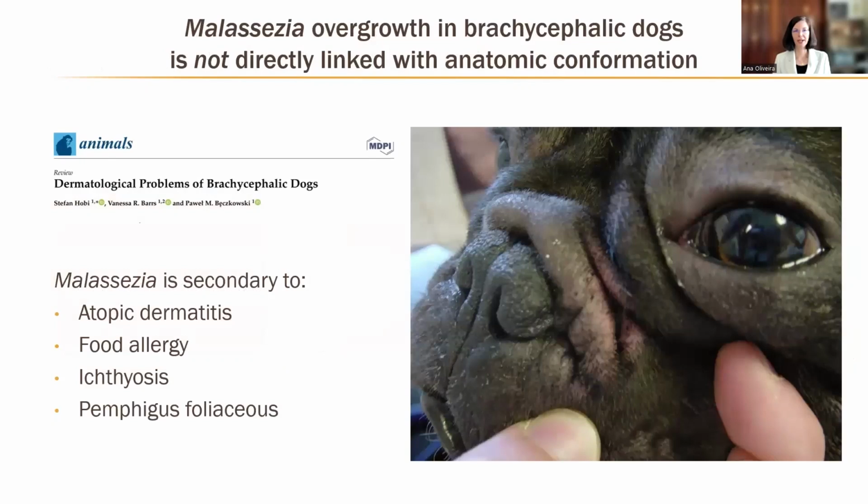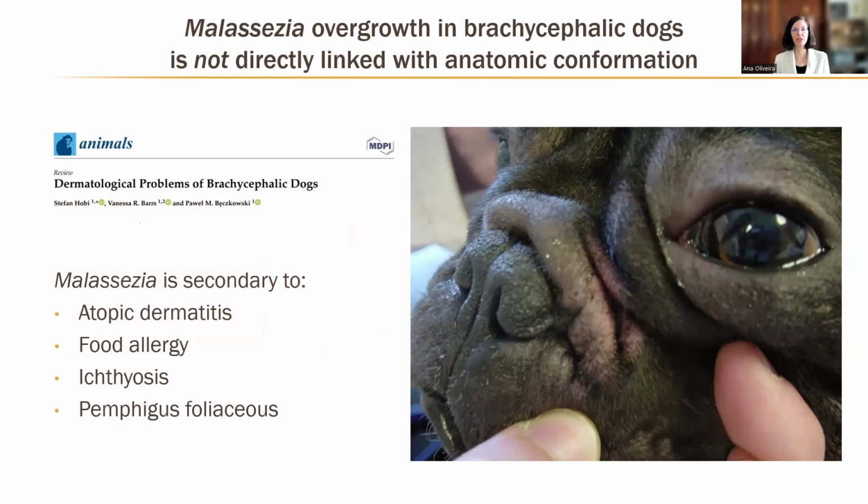Now, in the past, we used to say that folds can be by themselves a predisposing factor for the development of Malassezia overgrowth locally.